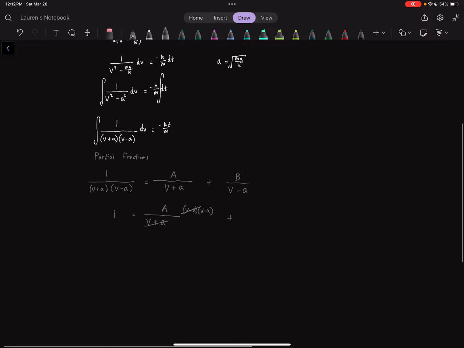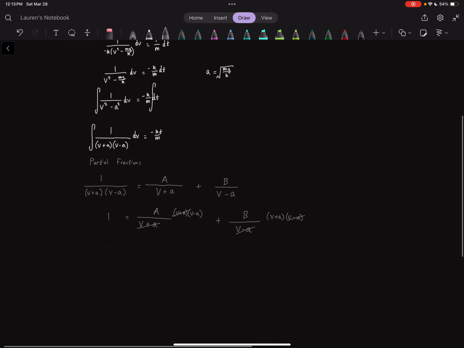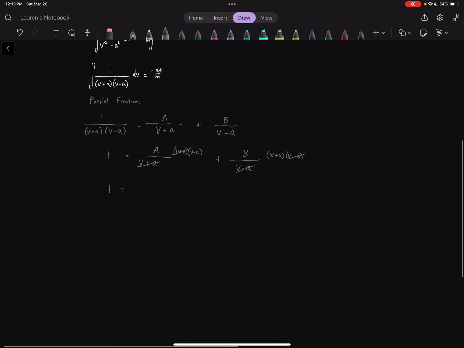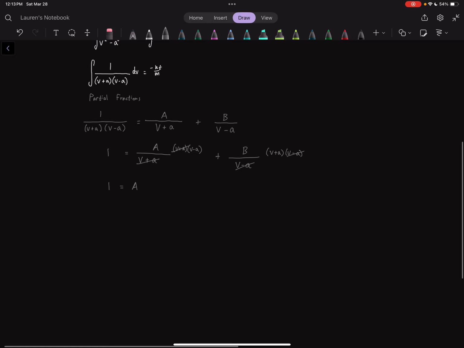And then over here for the B, you have v minus a on the bottom, and you're multiplying that denominator, (v plus a)(v minus a), and the v minus a's will cancel, so you're left with the v plus a. So you have 1 is equal to A times (v minus a) plus B times (v plus a). Right?